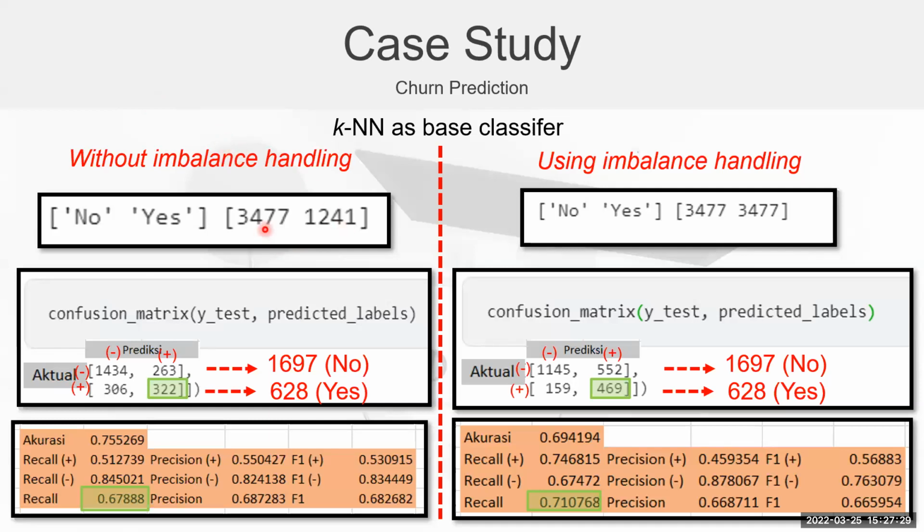We can see that without imbalance handling, the prediction of churn is only 322 from an actual number of 600. So it is about 62%, or 67%. Accuracy is 0.755.